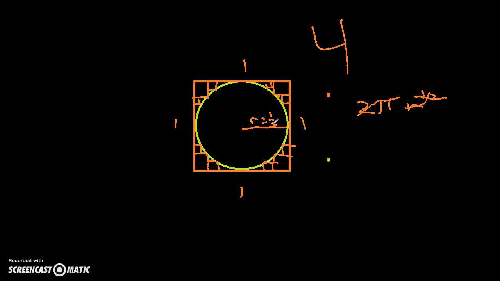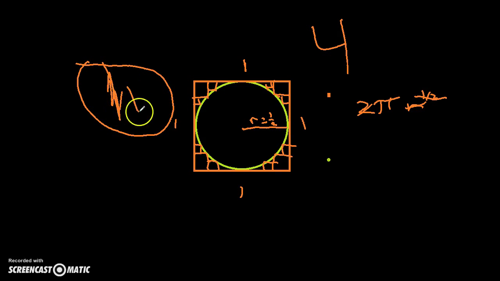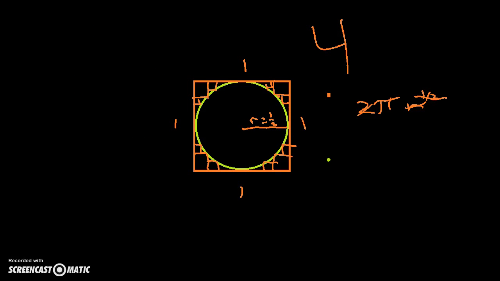Now if we make this smaller and smaller and smaller, it'll eventually look something like this. Sorry, I'm not very good at art. It's going to cover the exact same area of the circle, yet its circumference will be equal to 4.